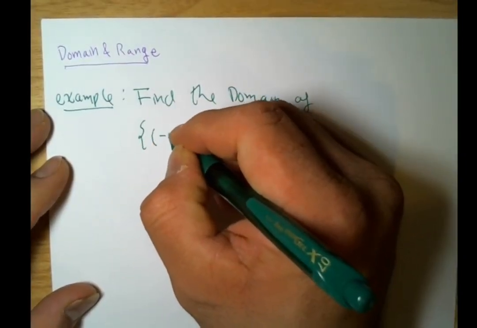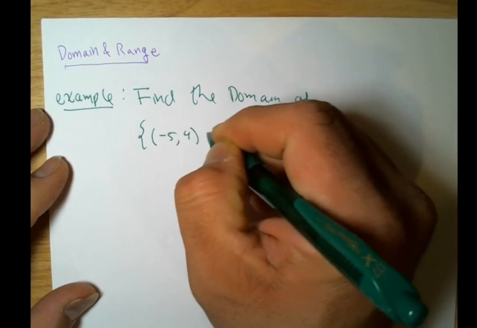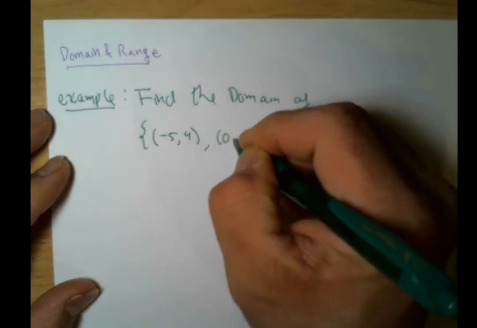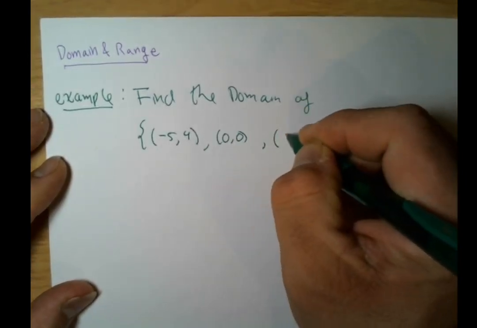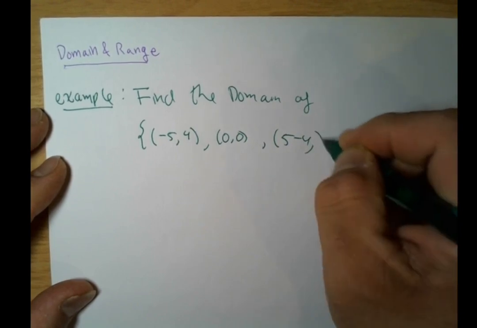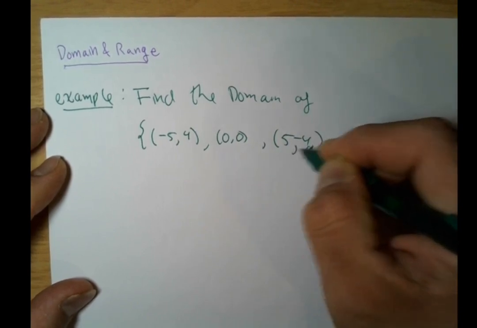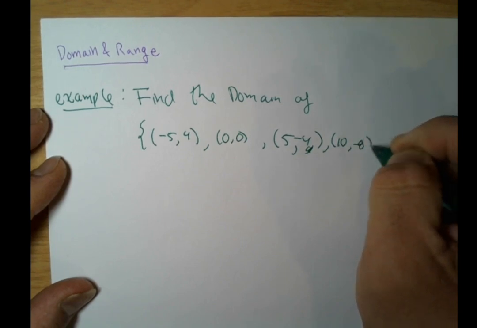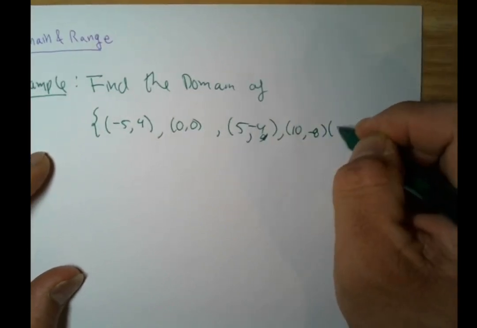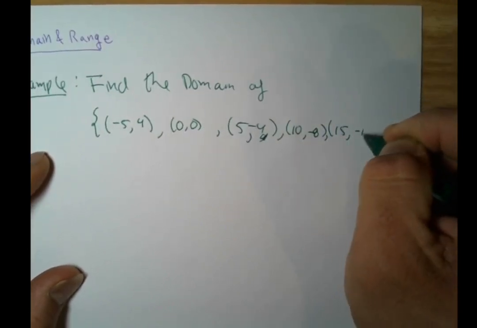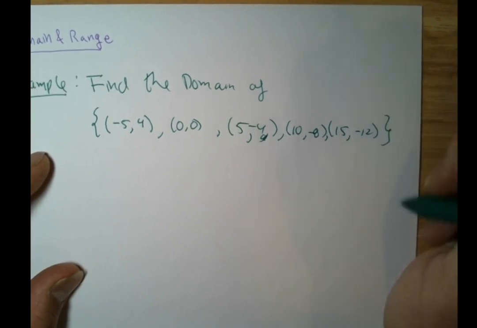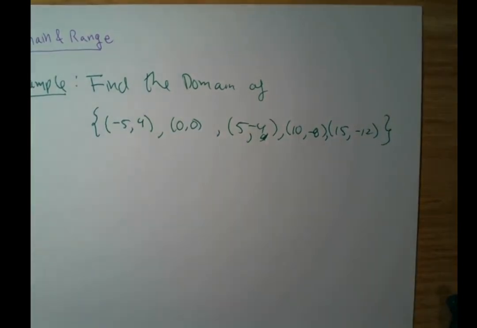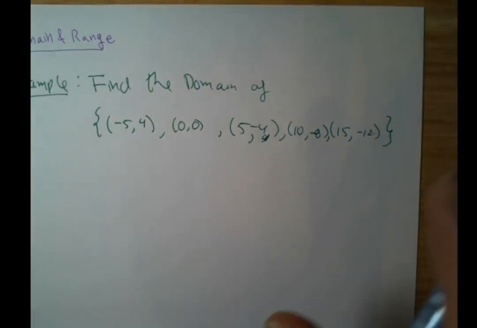Let's say we're given a set of ordered pairs: 5, -4, 10, -8, and 15, -12. So we have our relation here, which looks like it is a function. But here we're just asked to find the domain.